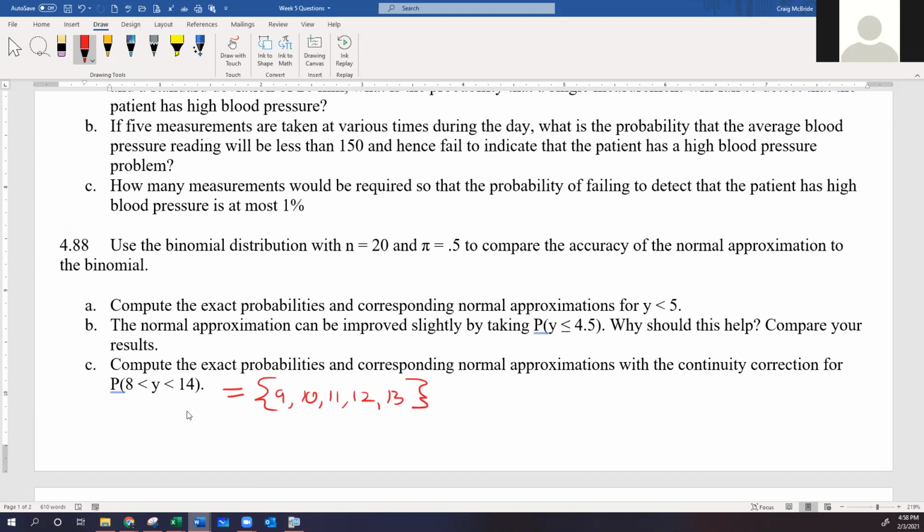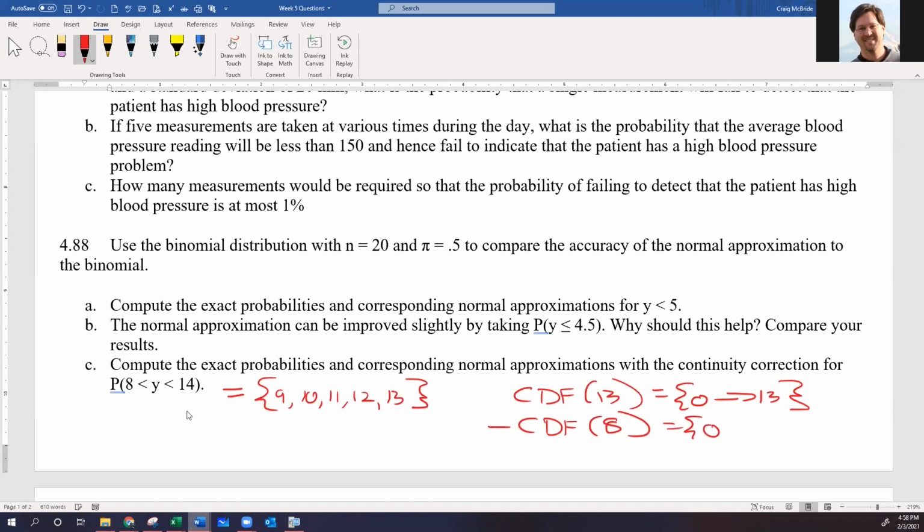So we have to do the CDF of 13, which gives us 0 through 13. Then we have to subtract the CDF of 8 from it, because that gives us 0 through 8. And if we subtract 0 through 8 from 0 through 13, we're left with 9 through 13. So we have to run this twice with the 13 and the 8 to get the right probabilities in SAS.